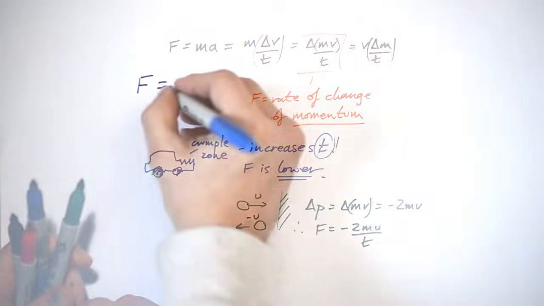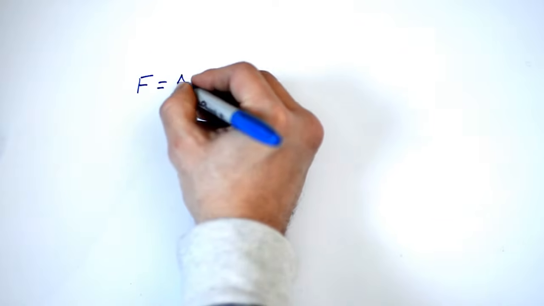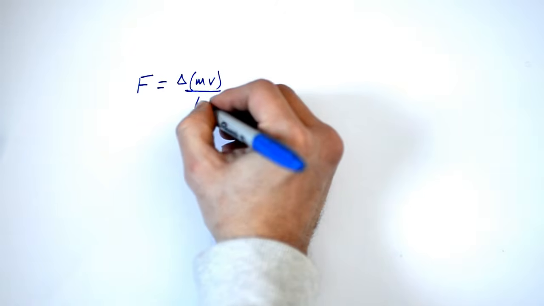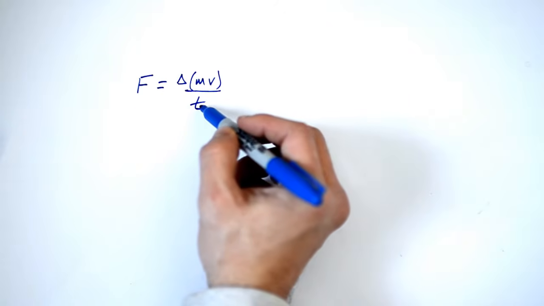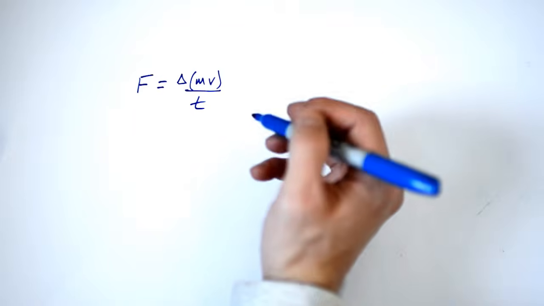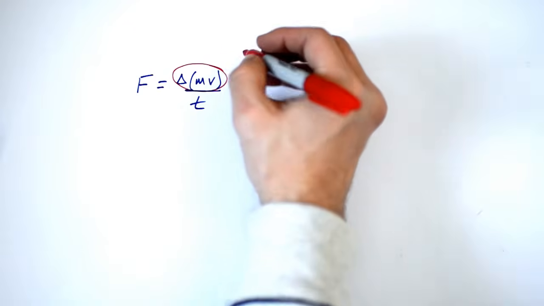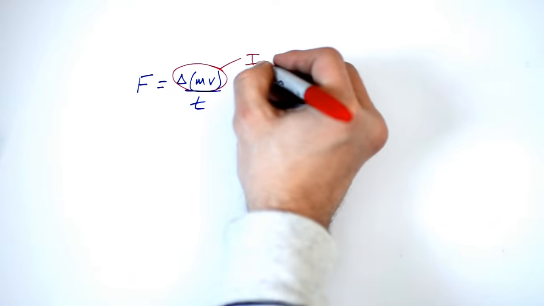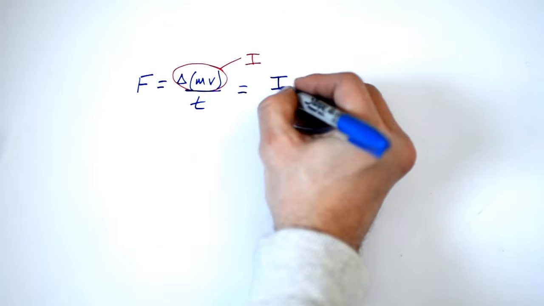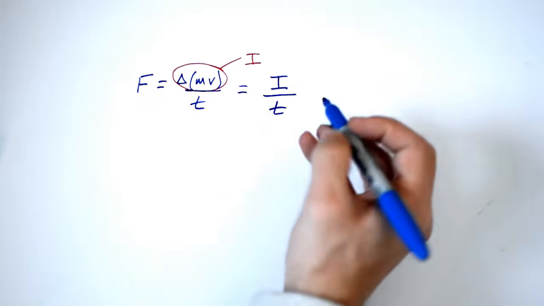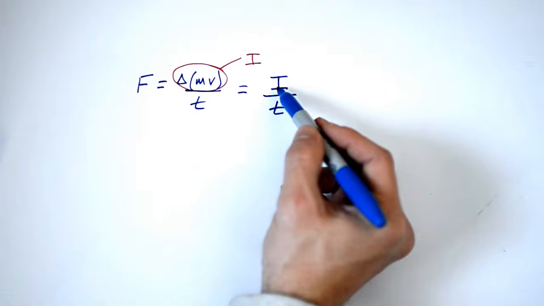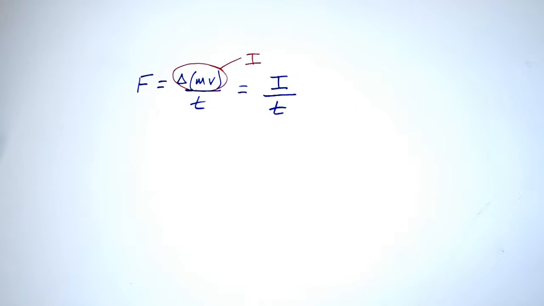Same units. So if F equals change in momentum over time, there should be a delta before the t as well, but we leave that out. And we said that this is impulse, given the letter I, then that means that force is equal to impulse divided by time. Same thing, just that impulse is change in momentum.